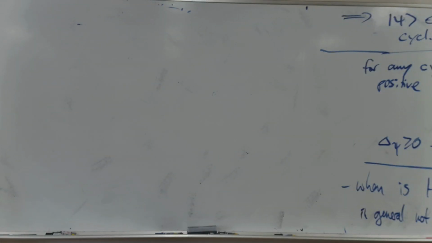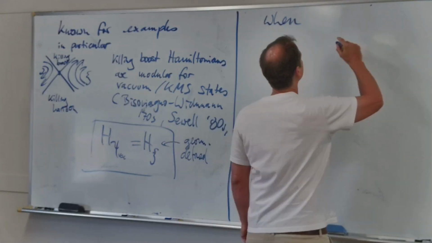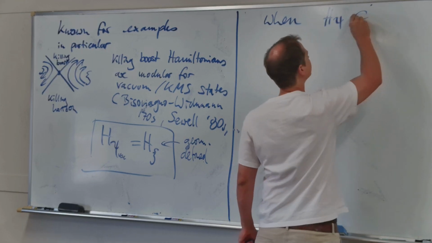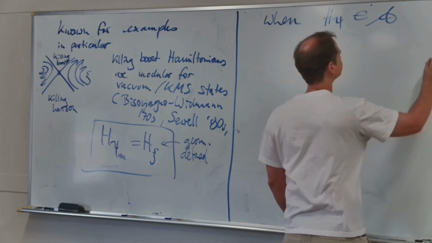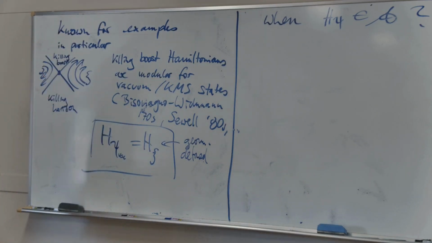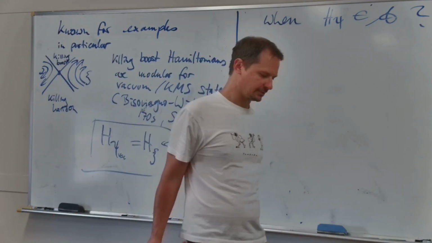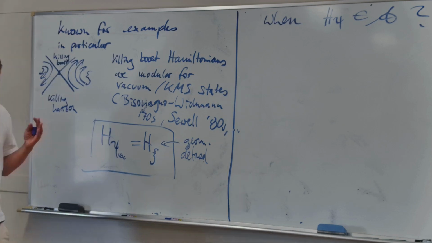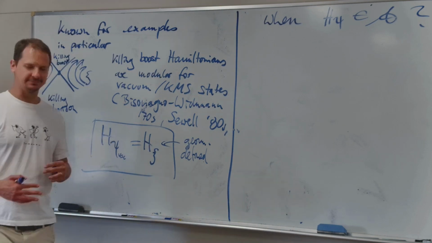So now, when we have that H psi is in the algebra, the unfortunate thing, which makes quantum field theory very difficult, is that in quantum field theory these modular Hamiltonians are not part of the regional algebra.